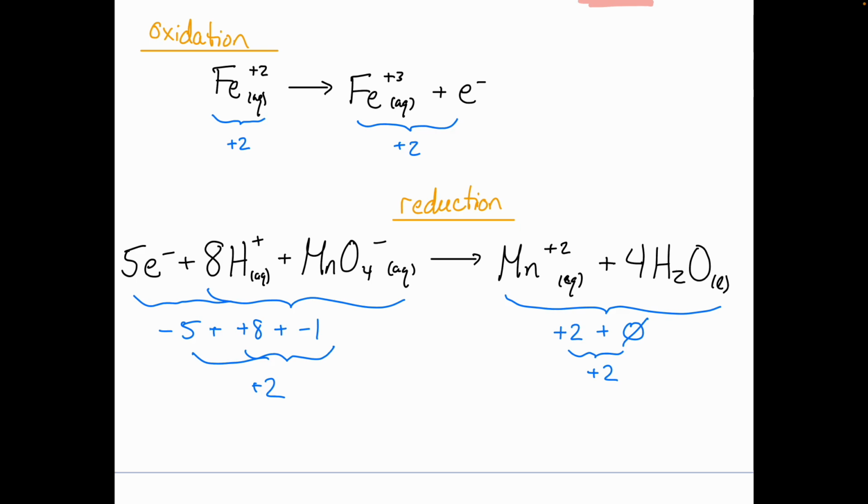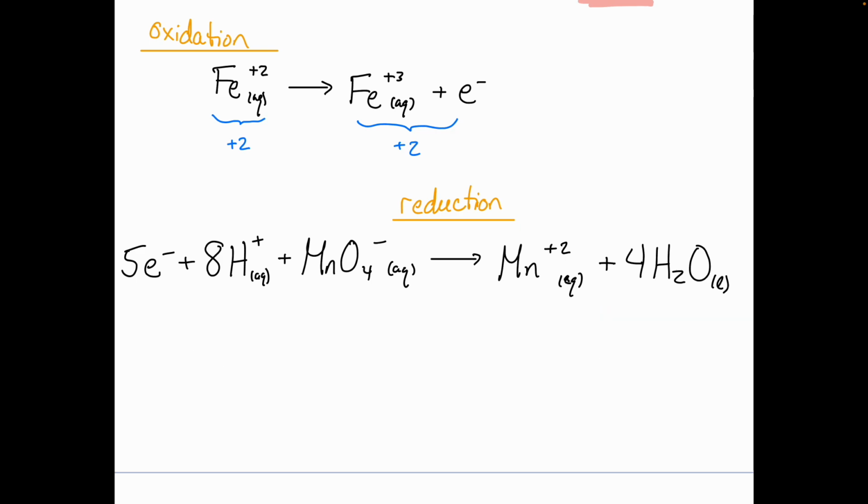Cool. All right, so now I want to sum these back up. What am I going to have to do to my oxidation half reaction first? I need to make sure that the number of electrons on my product side is equal to the number of electrons on my reactant side, right? But I don't just want to say, all right, make it 5 electrons, because now all of a sudden this isn't charge balanced anymore.